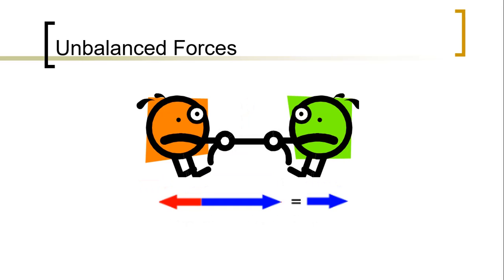Let's go for another example, which is the tug of war, and we have already played this game in the playing ground. And the green team, or the team on the right hand side, is pulling with a force which is obviously bigger than the team on the left hand side.